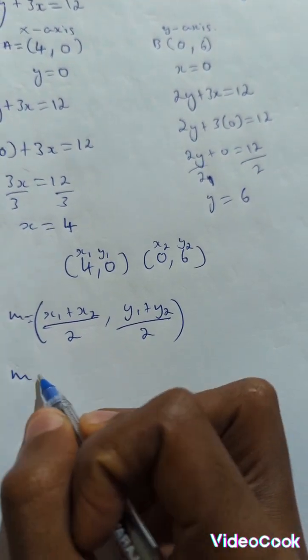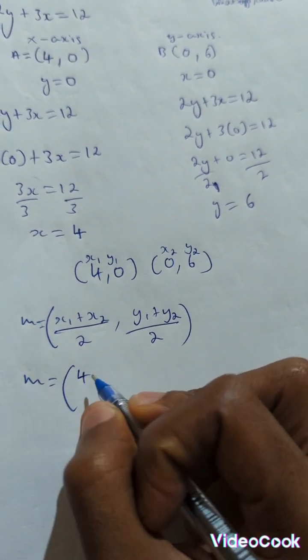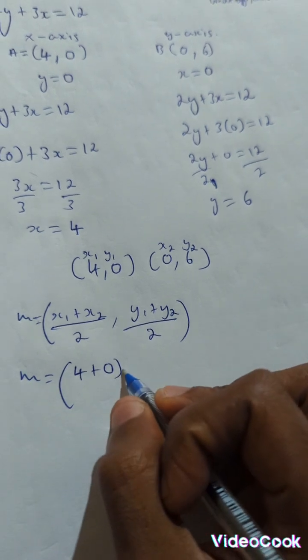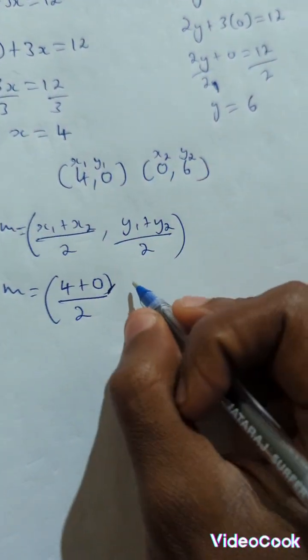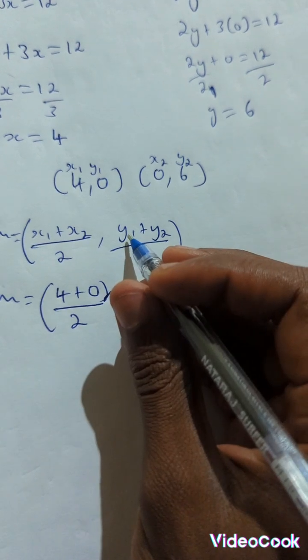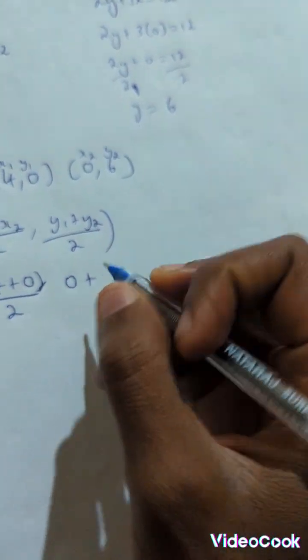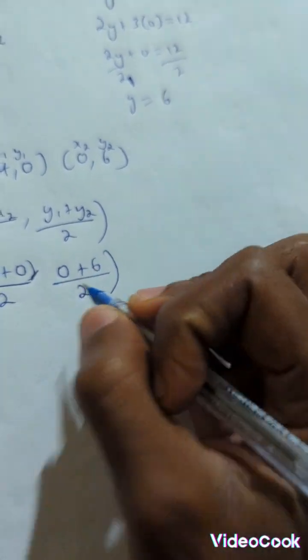Then we replace. x1 is 4 plus 0 over 2. Our y1 is 0 plus 6 over 2.